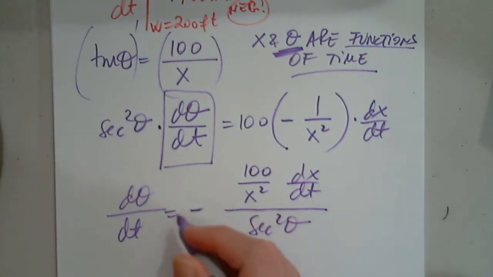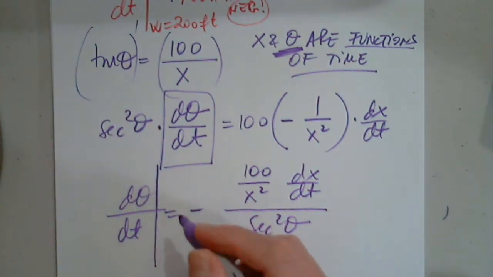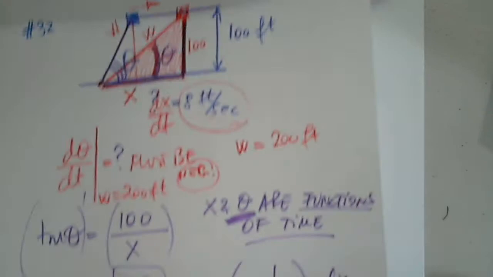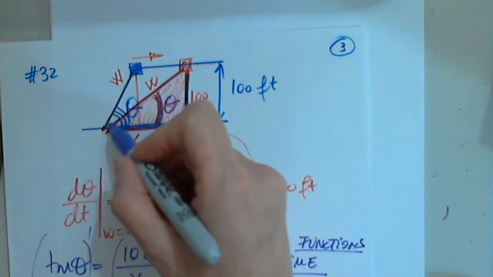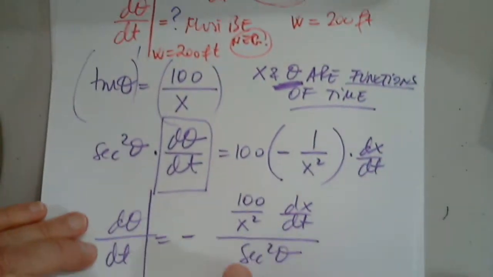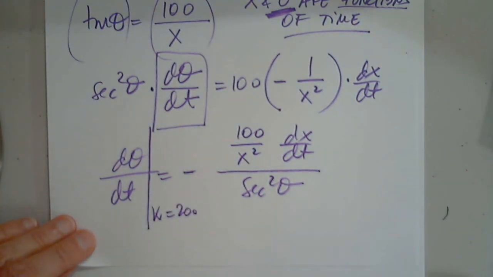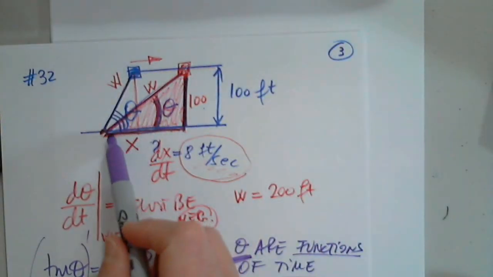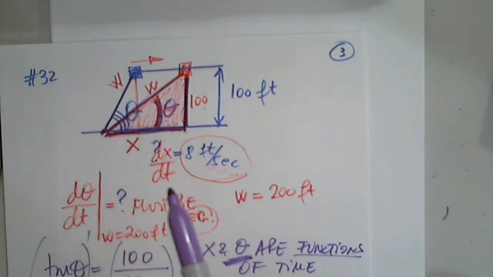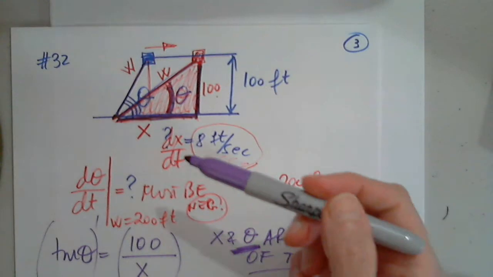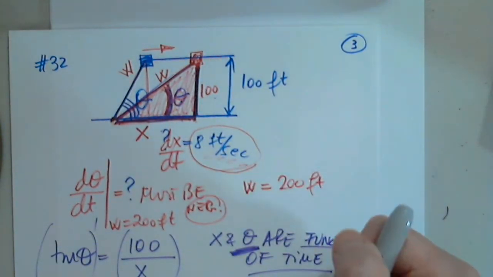theta. And now I can say when this piece is 200. And you can say, but you don't even have 200 here. True. But the 200 will help me find x, and if I need to find theta, and I will.